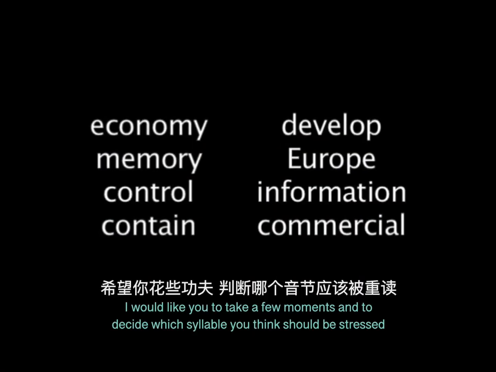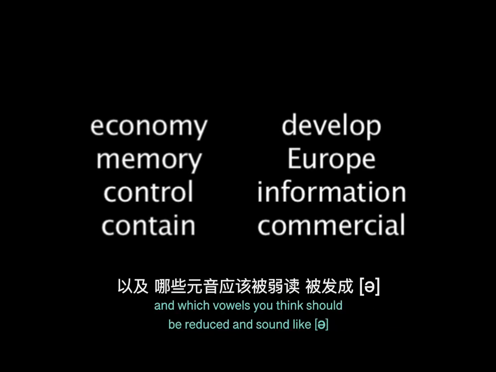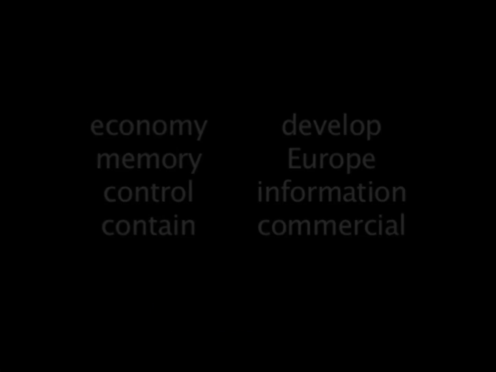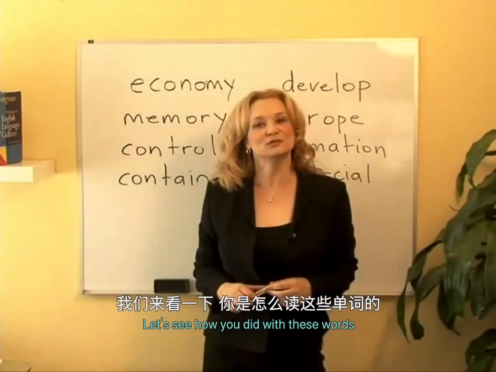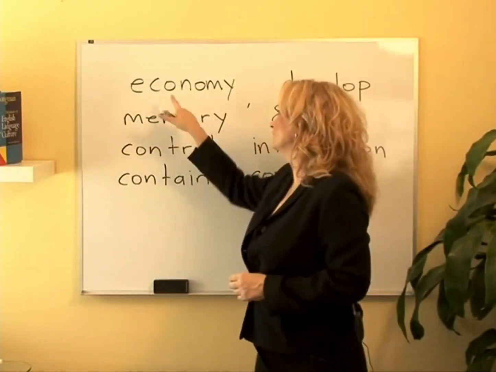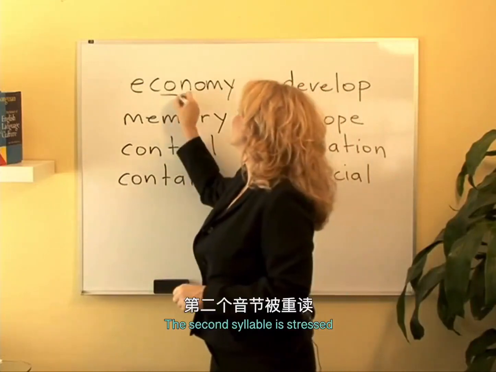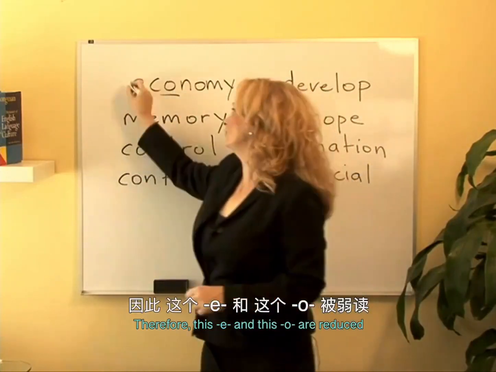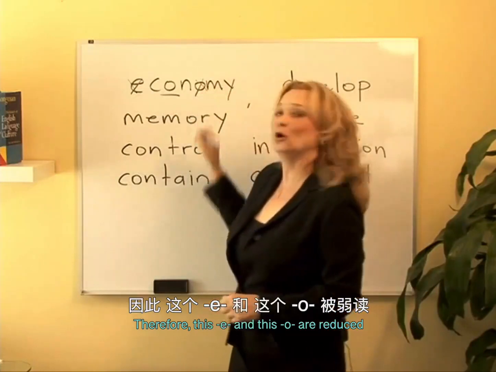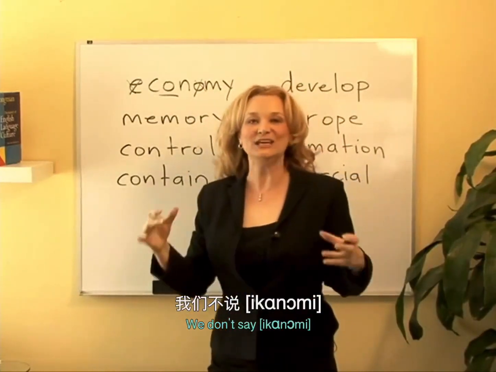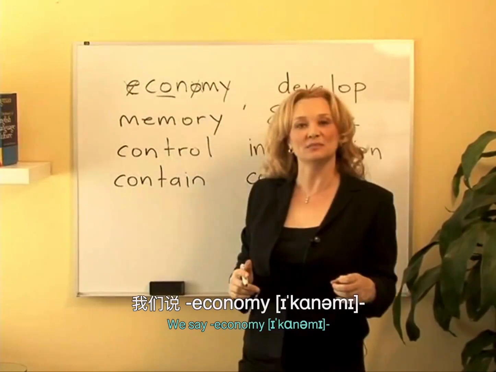I would like you to take a few moments and to decide which syllable you think should be stressed and which vowels you think should be reduced. Let's see how you did with these words. Look at the first word, economy. The second syllable is stressed, therefore this E and this O are reduced. We don't say economy, we say economy, economy.